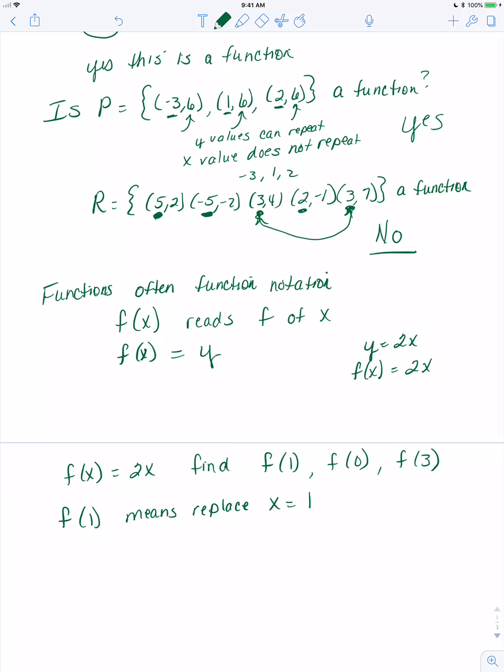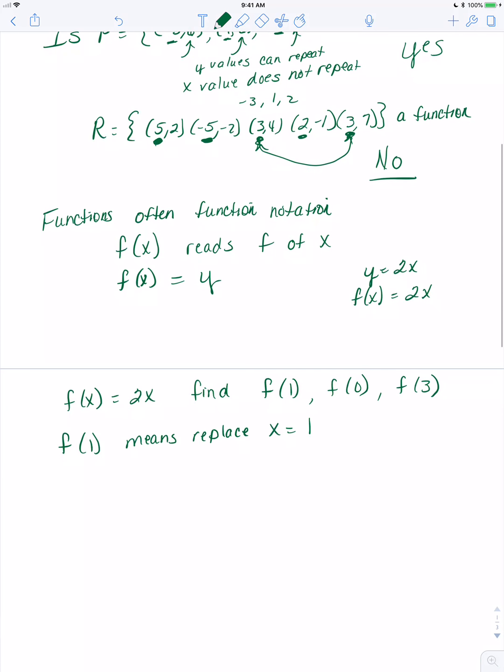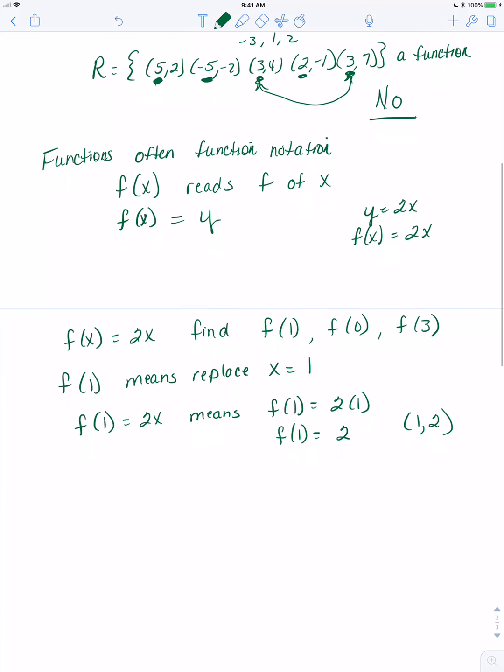What is y? What's the function? What's the rest of it? So f of 1 of 2x means 2 times 1, so f of 1 is 2. That ordered pair then is 1, 2. We replaced the x with 1, and then we solved for that as 2.